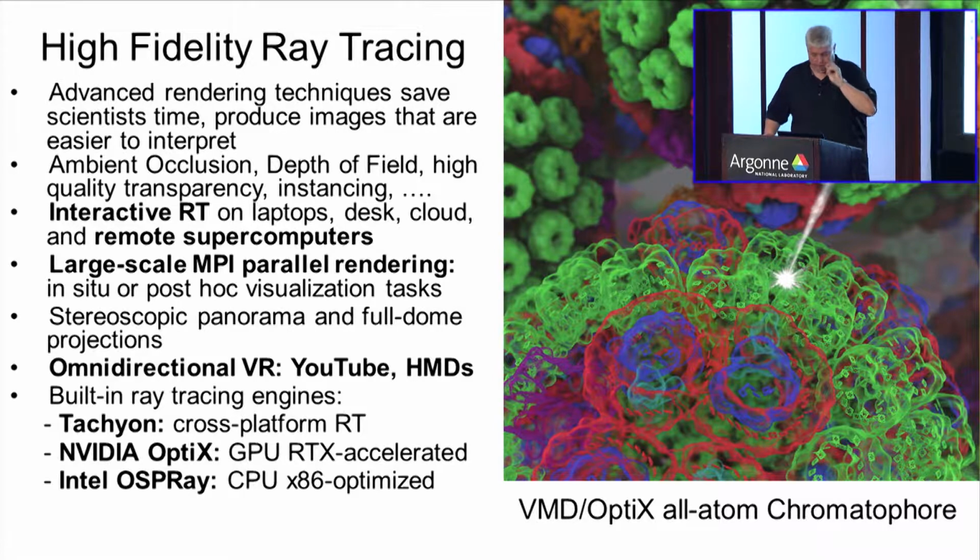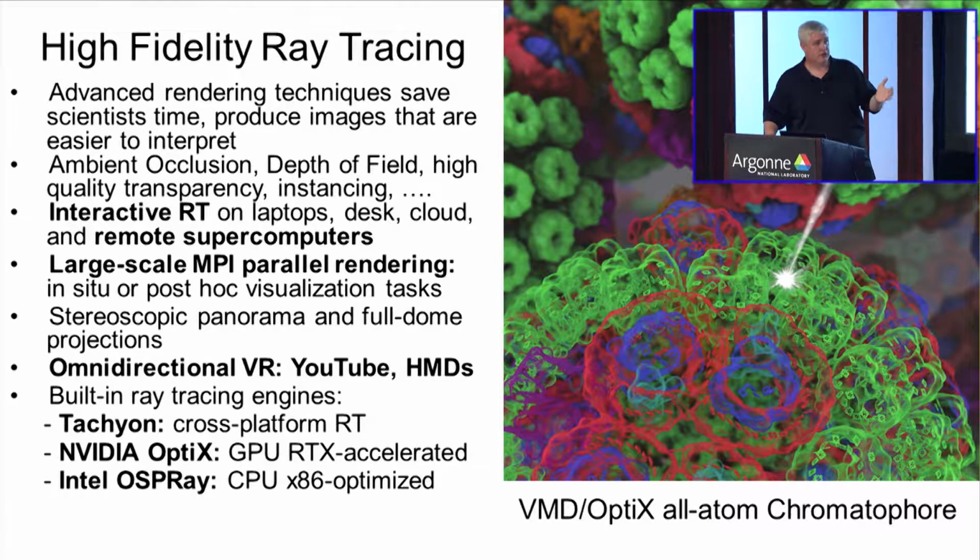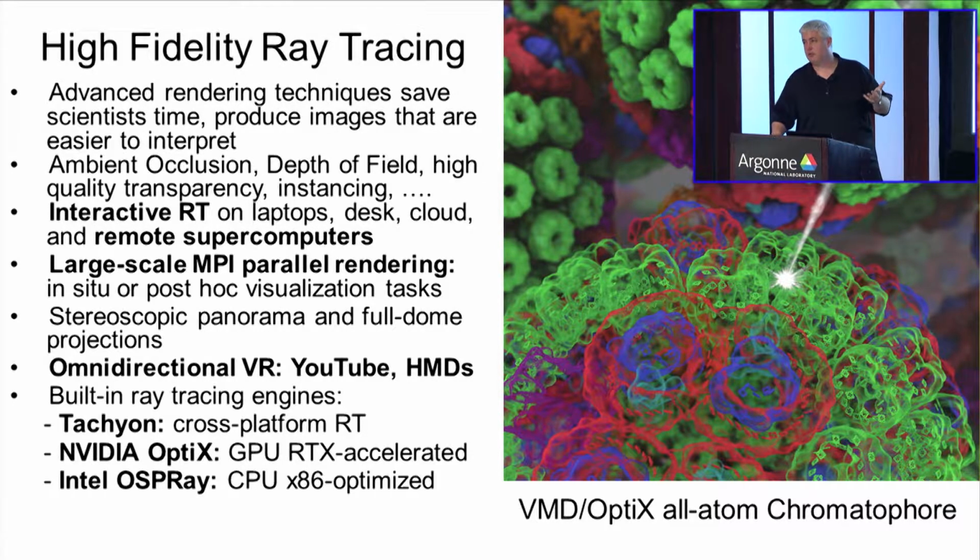So one of the recent advances in VMD is the use of ray tracing. Ray tracing as a computer graphics technique has been around as long as I have. Its primary benefit is the ease with which it can incorporate advanced shading and lighting effects. It can also directly render curved geometric surfaces, which for molecules, as you can imagine, is a big deal.